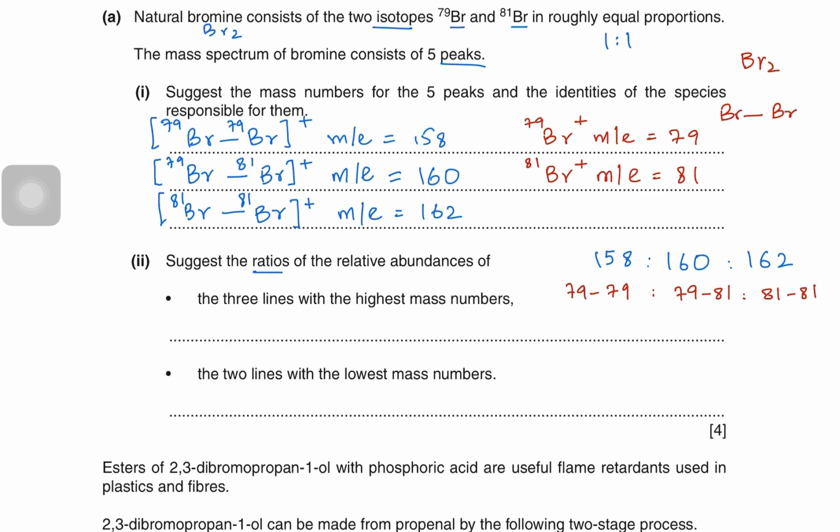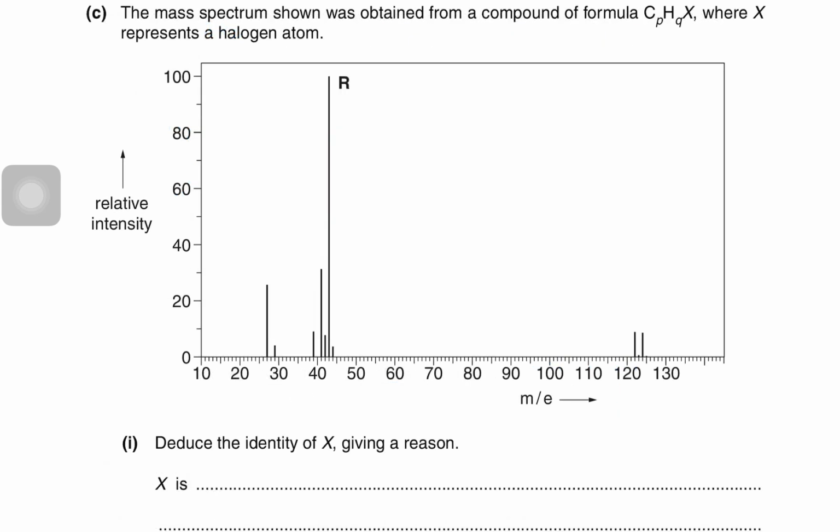They all exist in an abundance of 1:1. So this way the question becomes very simple because the relative abundance is going to be 1:1:1. Even the ones with the smallest masses, 79 and 81, have a relative abundance of 1:1.